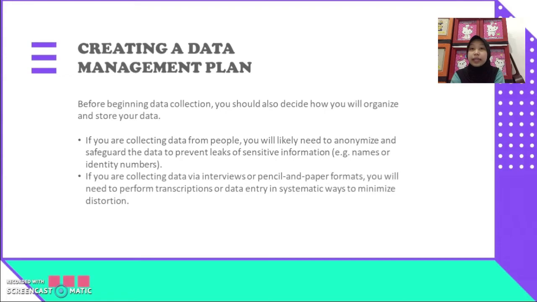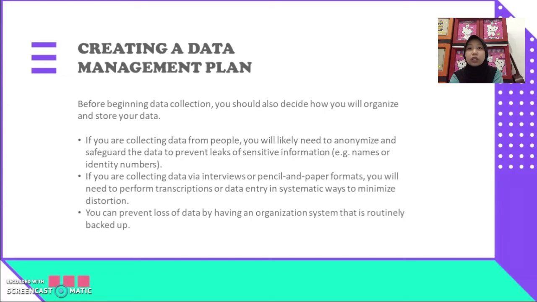If you are collecting data via interviews or paper formats, you will need to perform transcriptions or data entry in systematic ways to minimize distortions. And you can prevent loss of data by having an organization system that is routinely backed up.